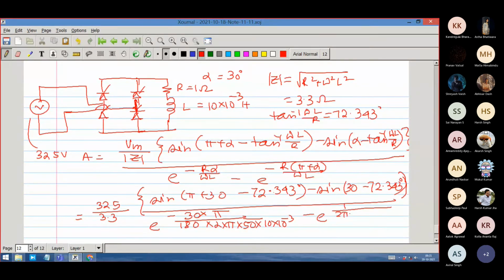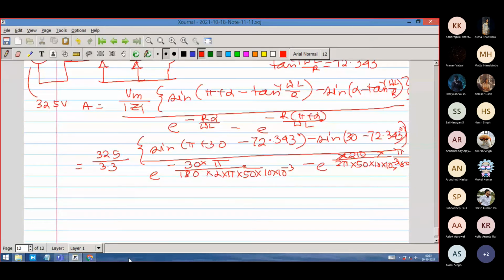You understand why that is 210? Because pi plus alpha is 210 degrees, times pi by 180. So this will give me a number: A is coming out to be 248.07.